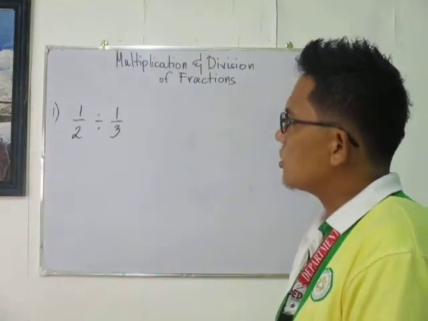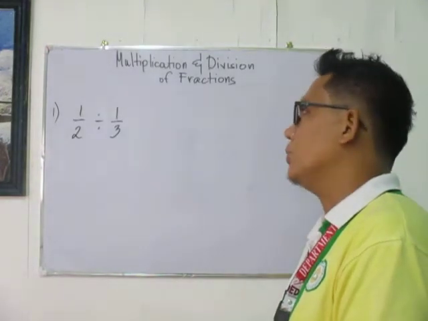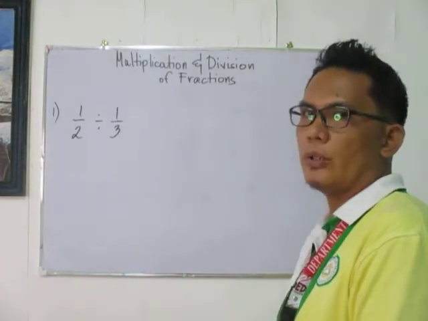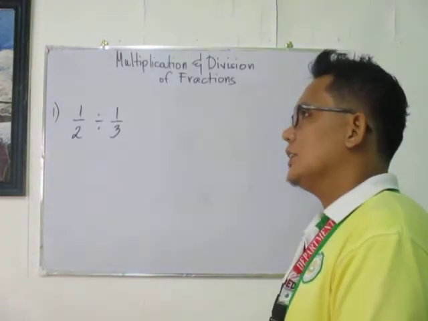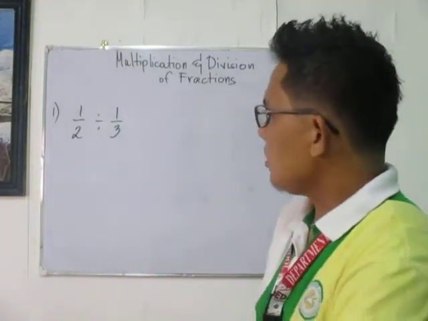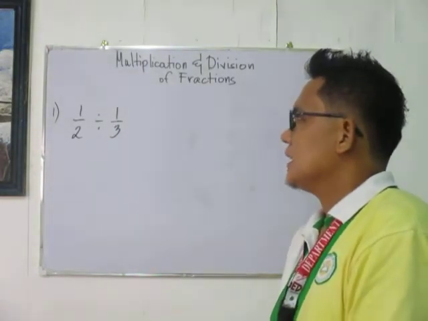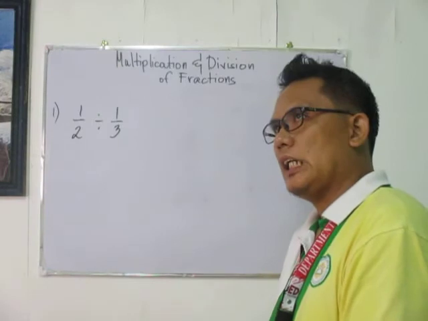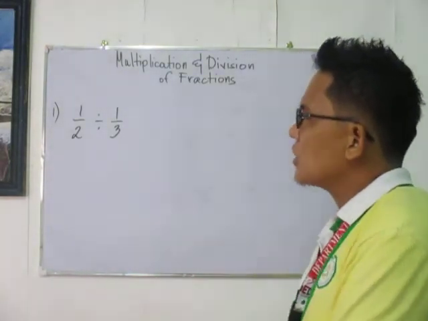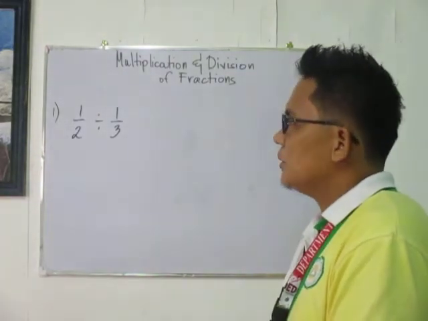So let us use the standard way of solving for the quotient, in which we first find the reciprocal of our divisor before we proceed to multiplication, or finding the product. So what we're going to do here is identify first what the reciprocal of the divisor is, and which of the fractions 1/2 and 1/3 is the divisor.